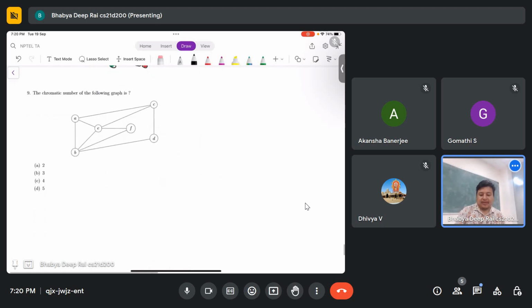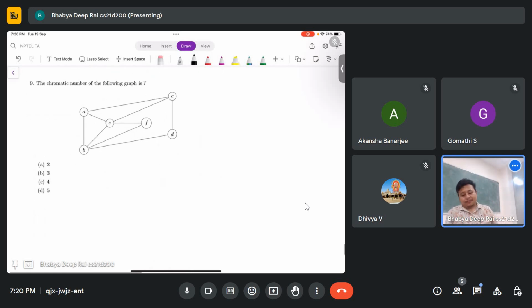Now we'll try to solve this question. So you can experiment with this. What is the chromatic number of the following graph? 2, 3, 4, 5.